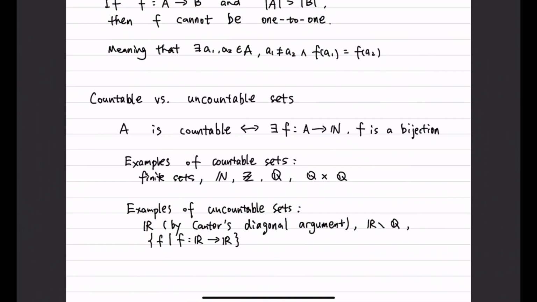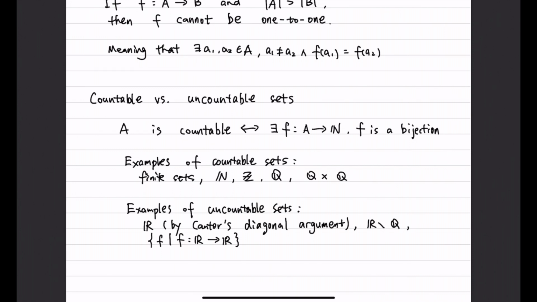The last topic today is countable versus uncountable sets. A set A is called countable if there exists a bijective function f that maps the set A to the set of natural numbers 1, 2, 3, etc. And here are a few examples of countable sets.